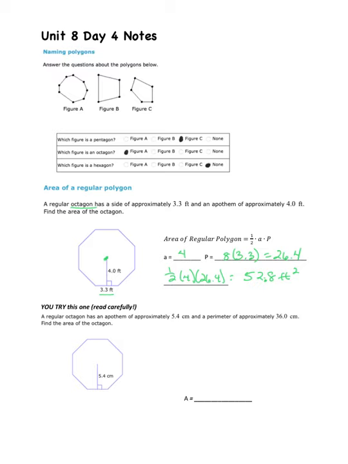All right, let's do this. You've got a regular octagon with an apothem of 5.4. A equals 5.4, and a perimeter is 36. P equals 36.